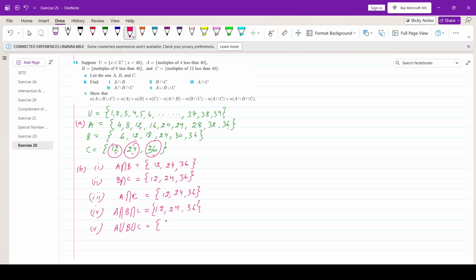So starting from 4, 8, 12, 16, 20, 24, 28, 32, 36, 6, 12 we have already done, 18, 24 we have already written, 30 and 36 we have already written. So that's it. This 12, 24 and 36 we have already written.